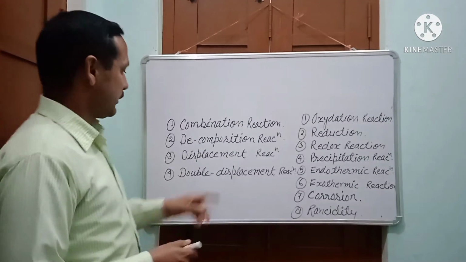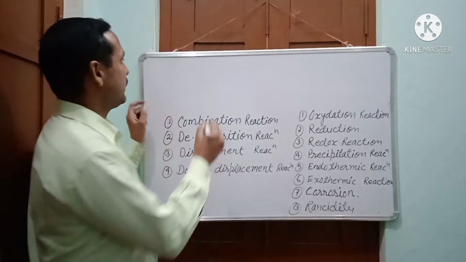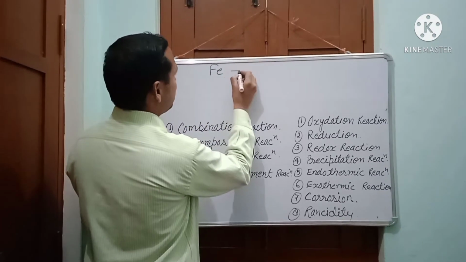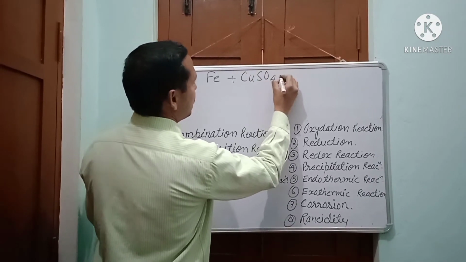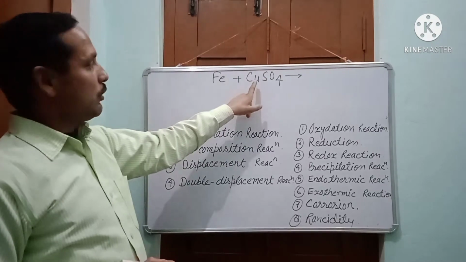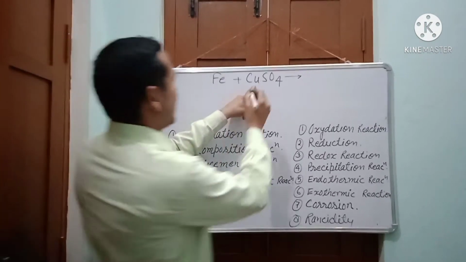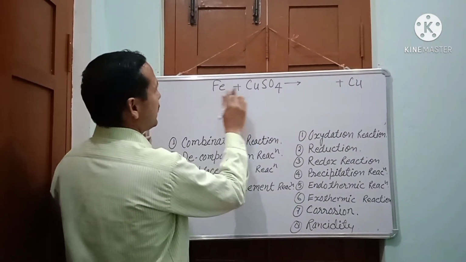Now, to understand this reaction, we will take an example. When an iron nail is dipped into copper sulfate solution, as iron is more reactive than copper, iron displaces copper and forms iron sulfate.